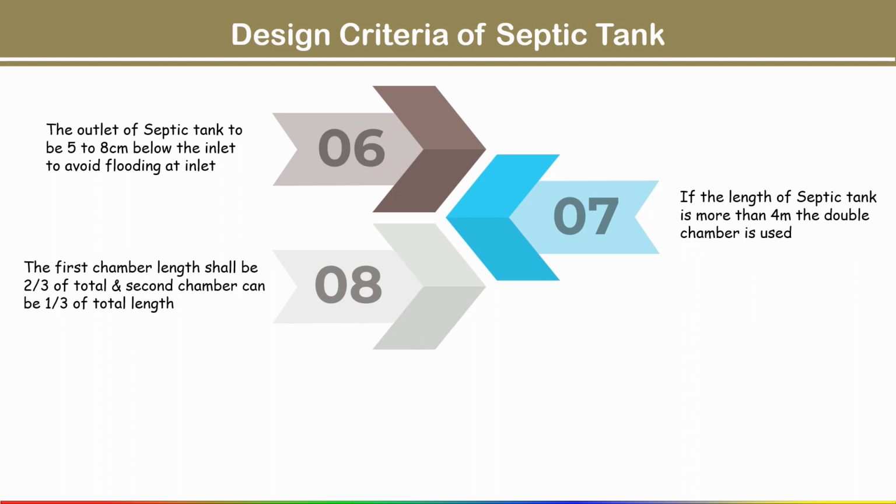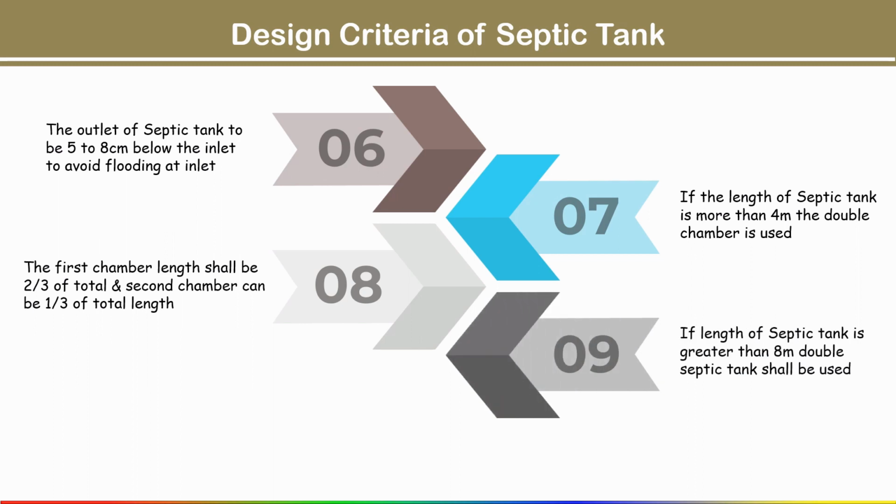If you know the overall length of the septic tank, you can easily calculate the first chamber length. It is written that the first chamber length shall be 2/3 of the total length of the septic tank, and the second chamber can be 1/3 of the total length. So by using this standard you can easily calculate the length.